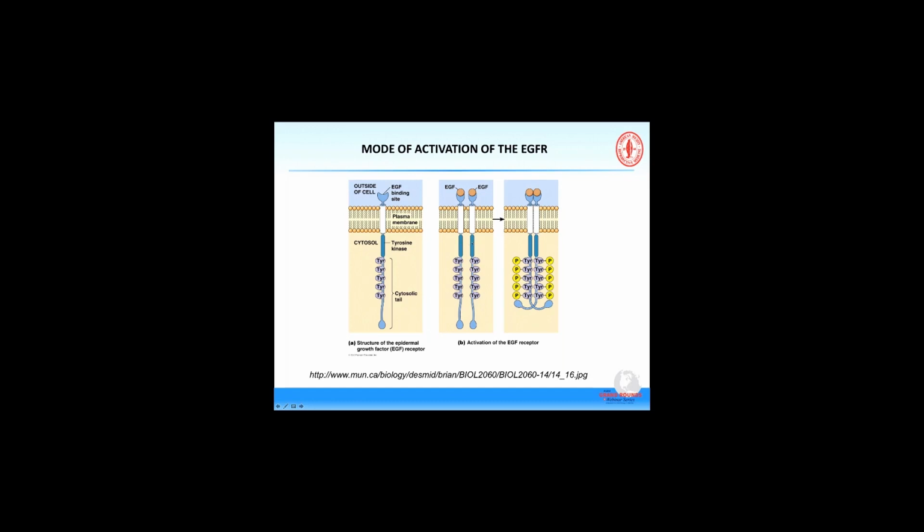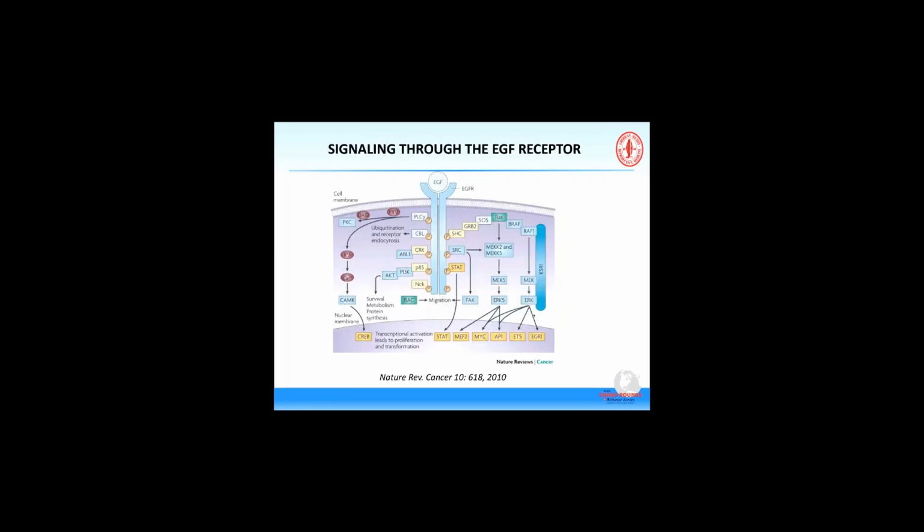And because there's a tyrosine kinase activity in this tail and a tyrosine kinase activity in this tail, they can transphosphorylate these tyrosine residues. And the end result is that you get a lot of tyrosine residues in the intracellular C-terminal tail of these receptors that become phosphorylated.